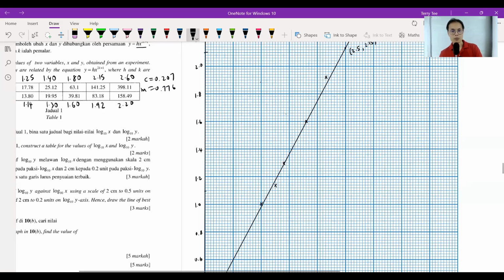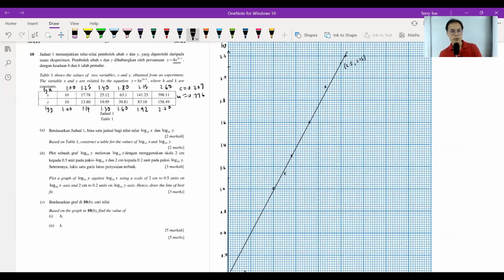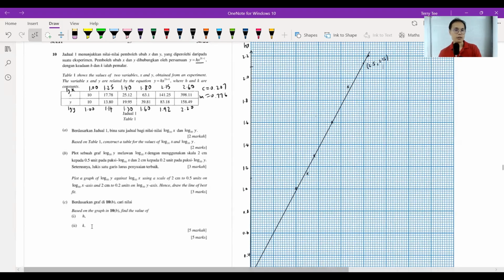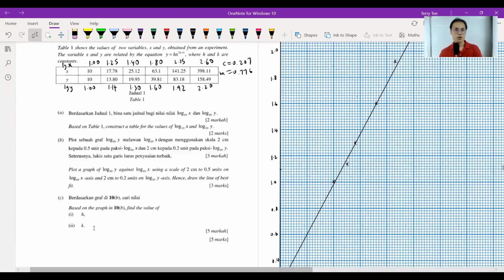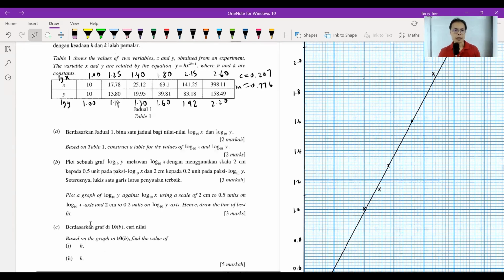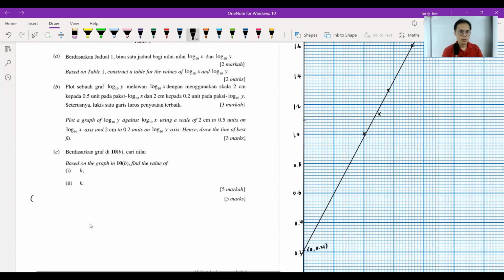Let's go back to your question here. Remember, we need to find 2 things from the graph, gradient and y-intercept, kecerunan dan pintasan y. So let's do part C, Roman 1, first. Your gradient from the graph is 2.15 minus 0.21, divide by 2.5 minus 0.